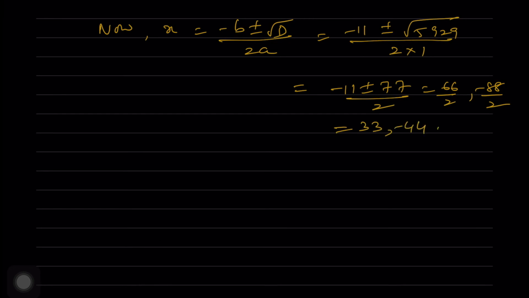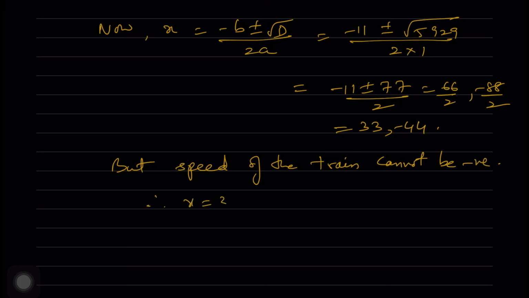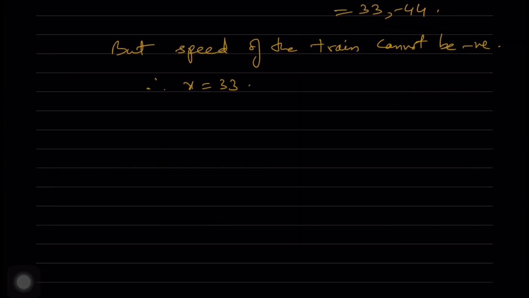But speed of the train cannot be negative, therefore x is equal to 33.